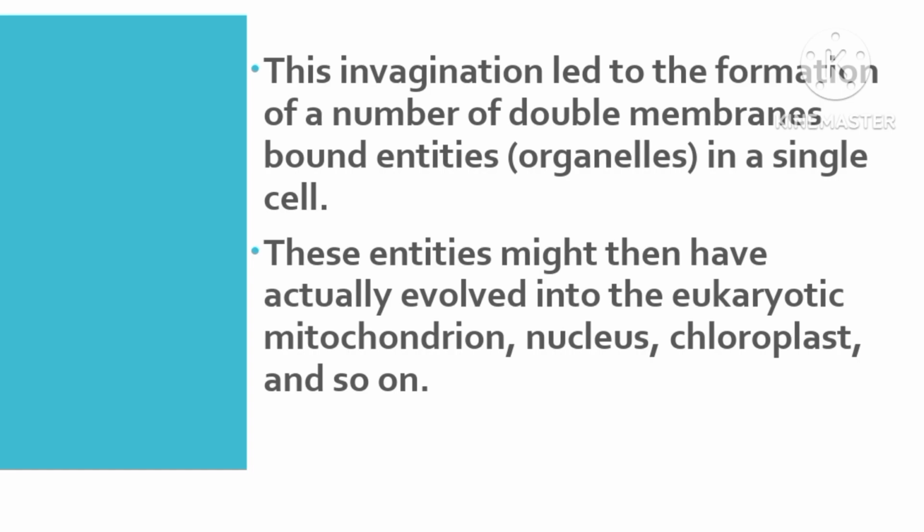So the theory of invagination is responsible for compartmentalization. Compartmentalization means that various membrane bound organelles were formed inside the cell. This is called compartmentalization because compartments are formed inside the cell.